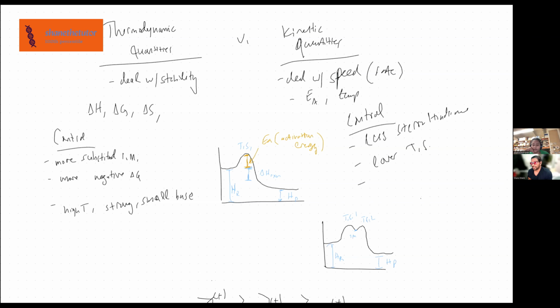You can also have it at a lower temperature, so it doesn't do what the thermodynamic control would be doing. I'll talk about that in a sec. So we have low transition state, preferred at low temperature with a strong bulky base.